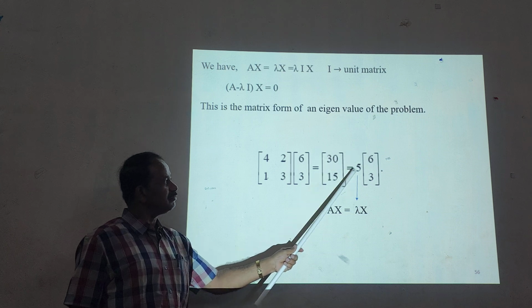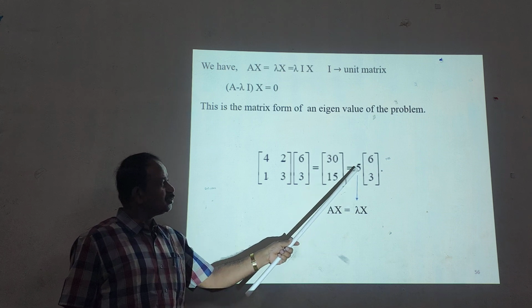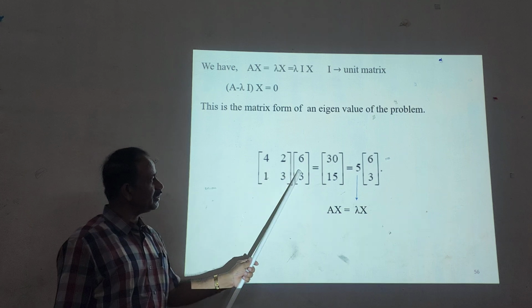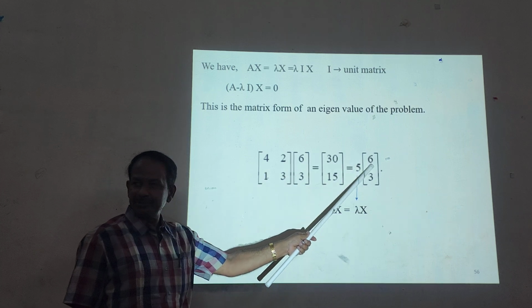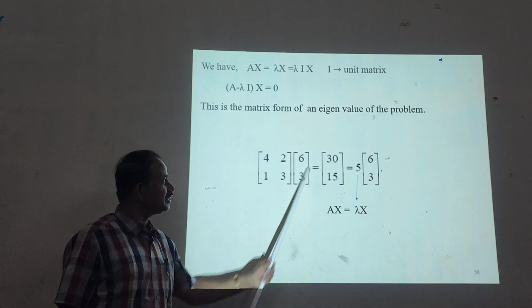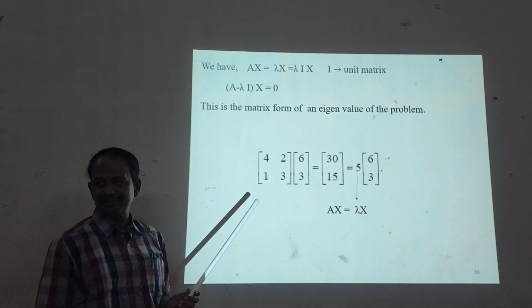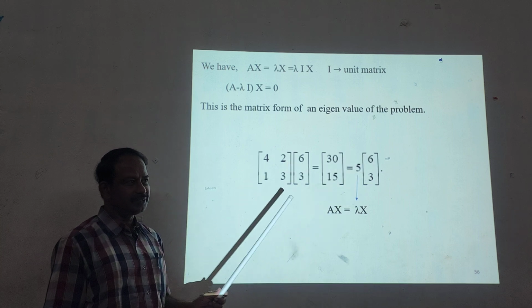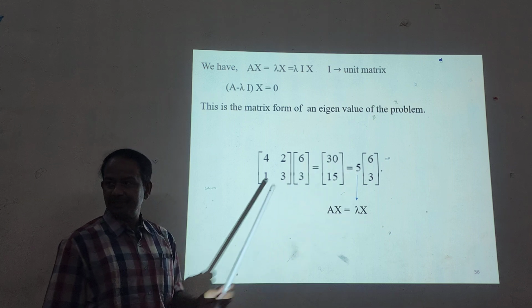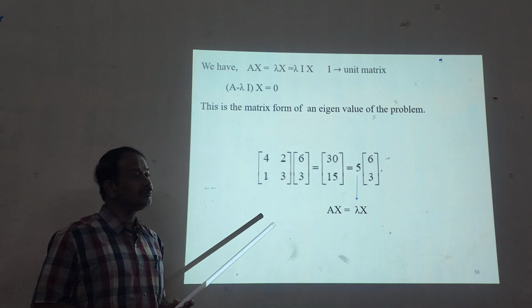Five 6s are 30, five 3s are 15. So this is your lambda. So Ax equals lambda times x, and both are equal. See here, 6, 3 and 6, 3. This is an eigenvector. Your lambda is 5.